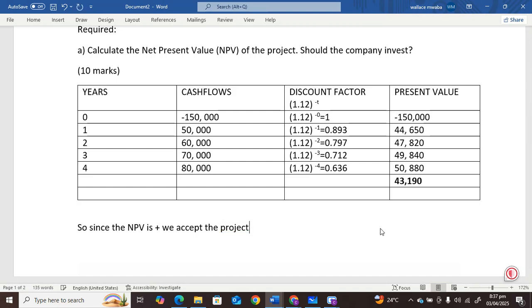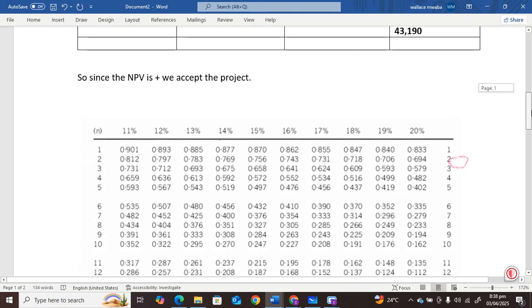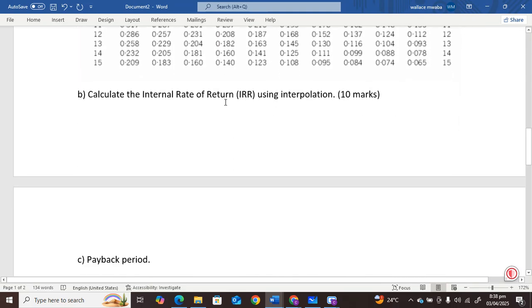Only that this time you're going to need two net present values, a positive one and a negative one.